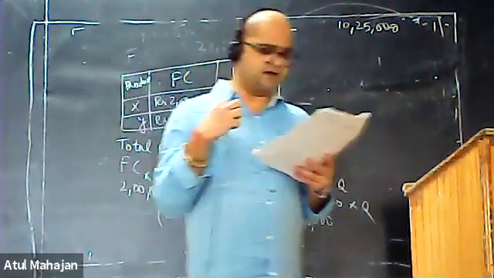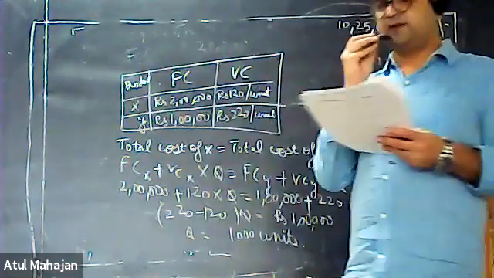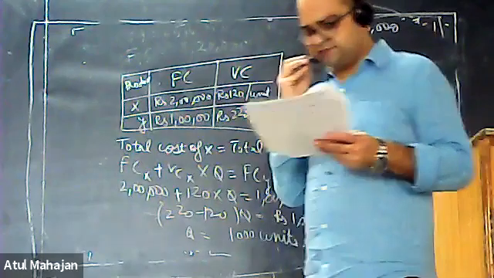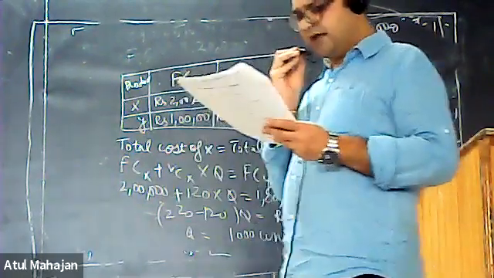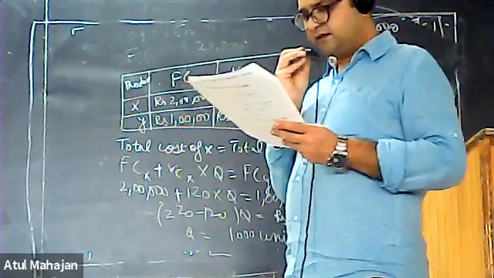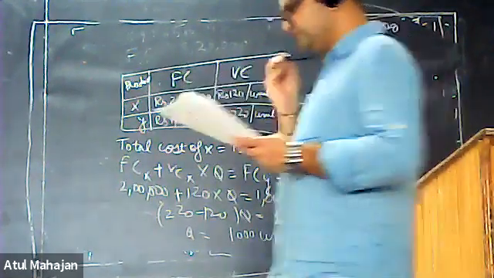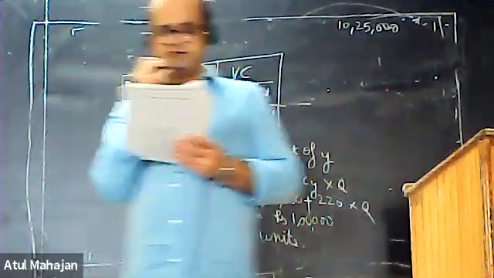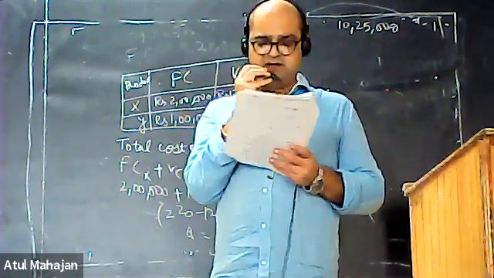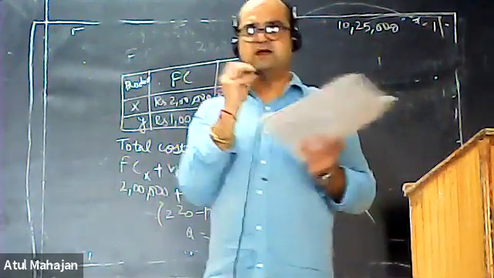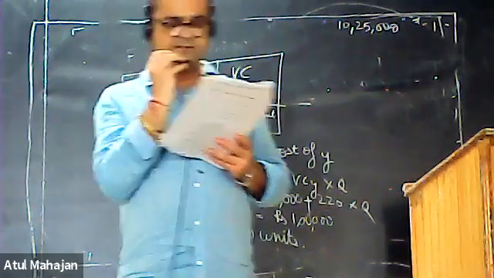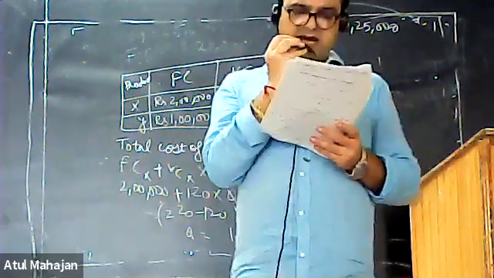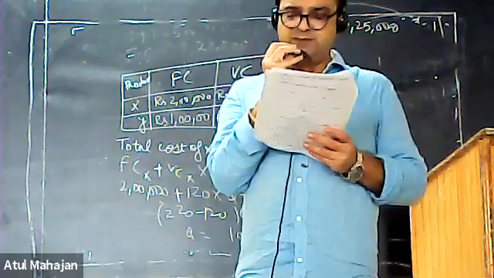A firm has an annual fixed cost of rupees 32 lakhs and a variable cost of rupees 350 per unit.